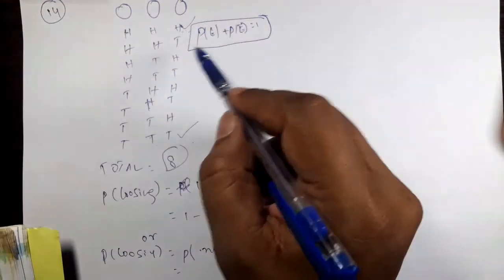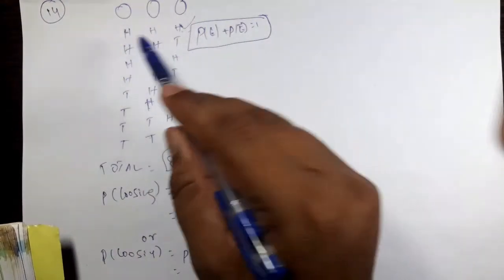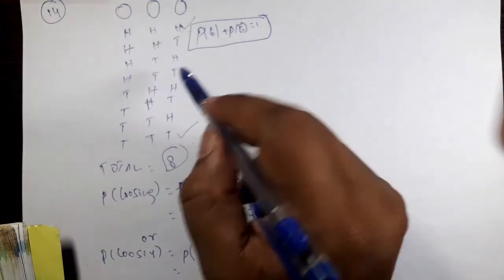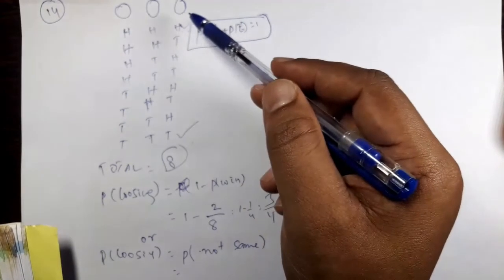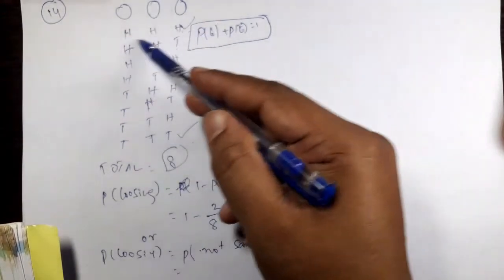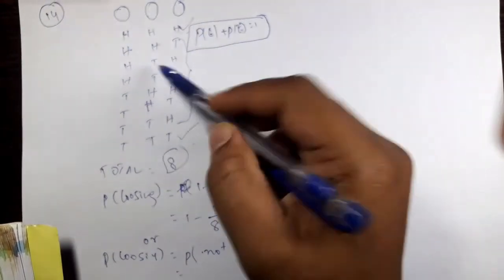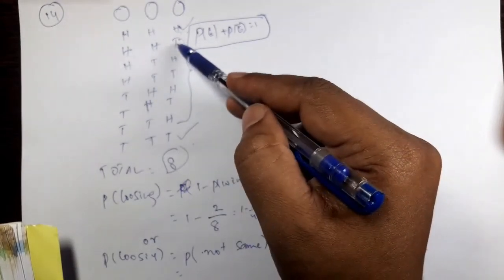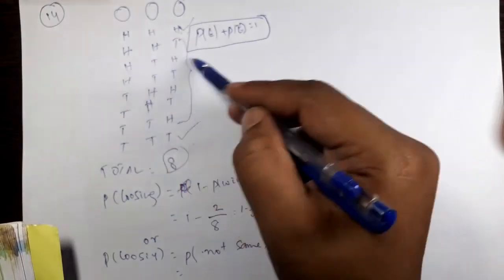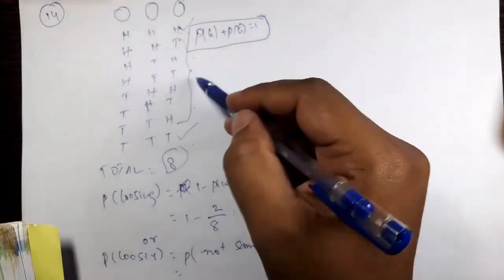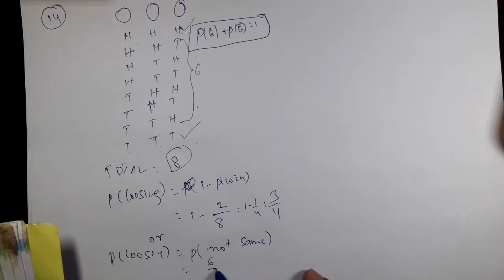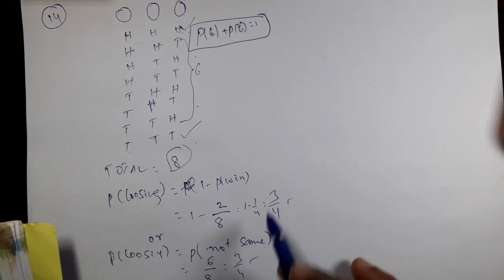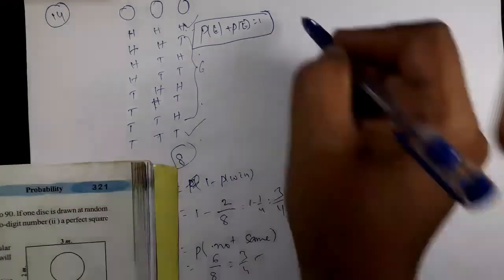How many of these 8 do not have the same result? This one has the same result on all 3 tosses, and here the remaining 6 are not the same result. For example, 1 tail and 2 heads is not the same result, and so on. Six such cases are there. So the numerator is 6, the denominator is 8, so 6 by 8, that is 3 by 4. Both are the same; you can solve either way.